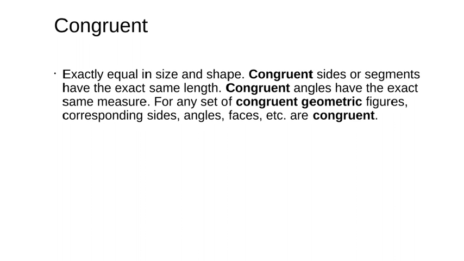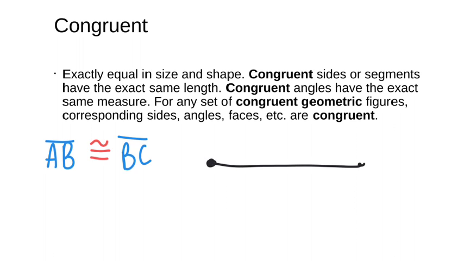So the way that we say congruent, the symbol is an equal sign with a little squiggle above it. So I can say segment AB is congruent to segment BC using this symbol. The way that you mark it in a picture, I can say that AB is congruent to BC by using dashes.